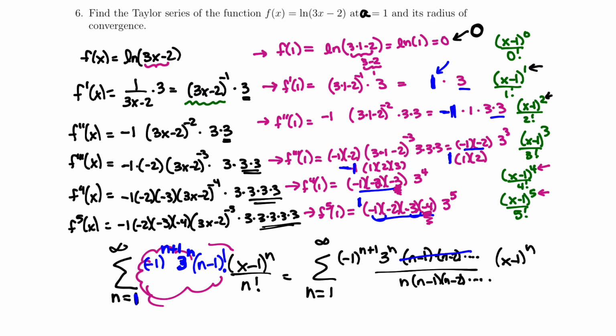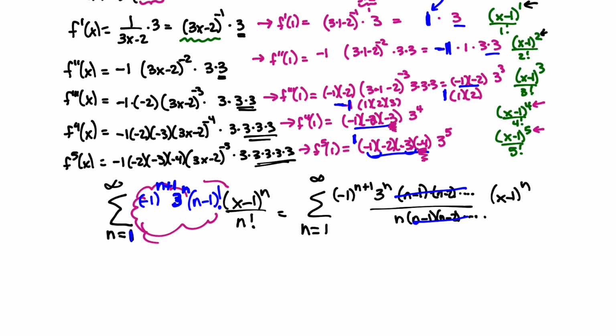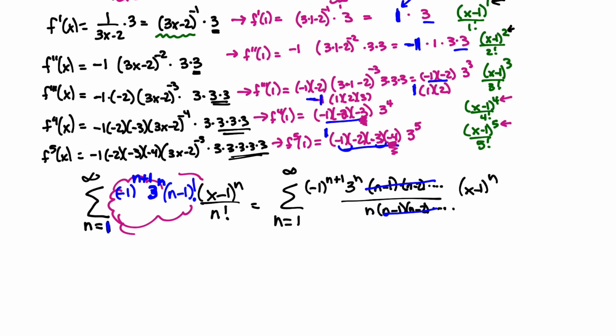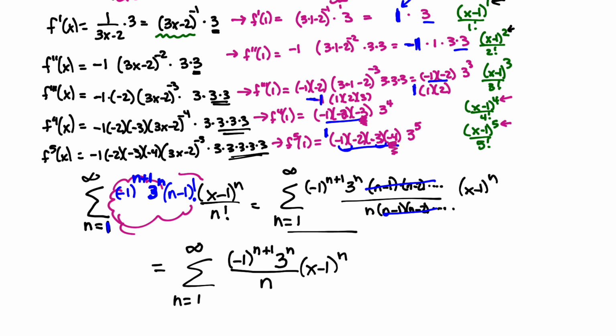So I can do one more thing to clean this up and make this nice. This one is really tricky. Negative 1 to the n plus 1, 3 to the n, over just n, times x minus 1 to the n. See if you're getting the same thing I'm getting. Is that what you guys are getting on that?